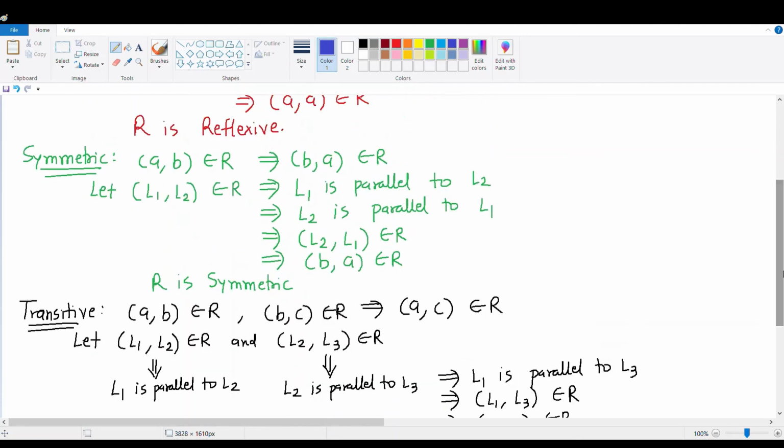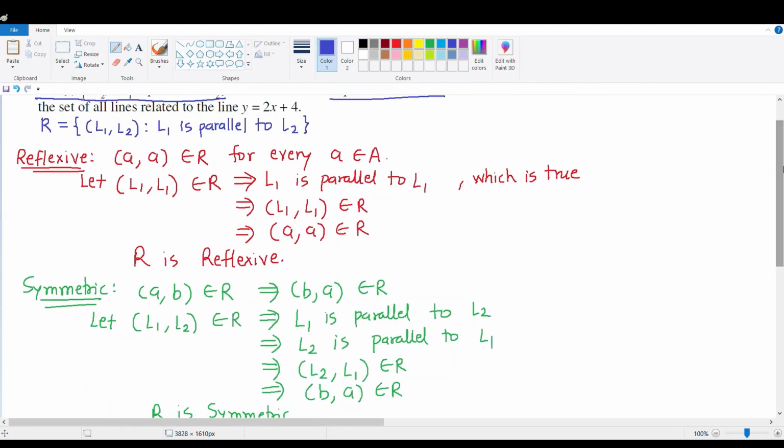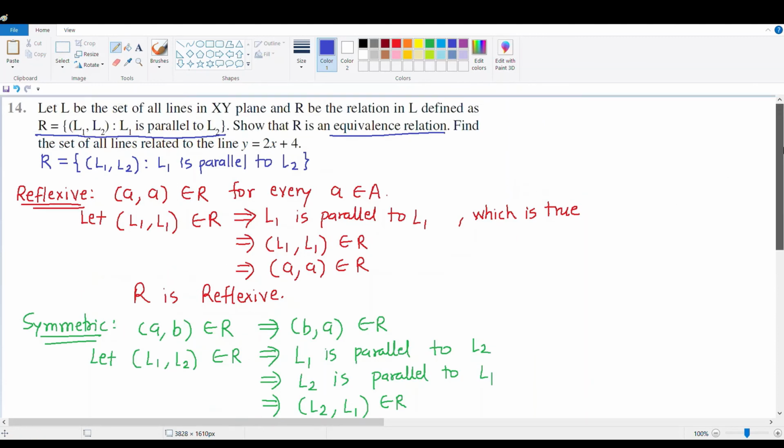Now I think we got some other question as well, which is: show that R is an equivalence relation and find the set of all lines related to the line y equals 2x plus 4. So if I try to draw that line in here, y equals 2x plus 4, it is passing through the y-intercept 4 and the slope is 2.